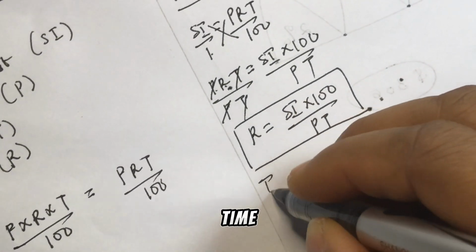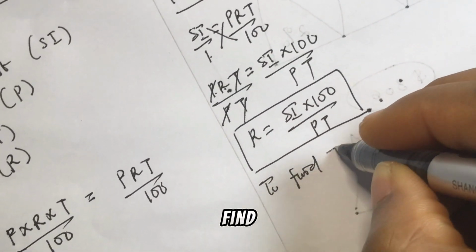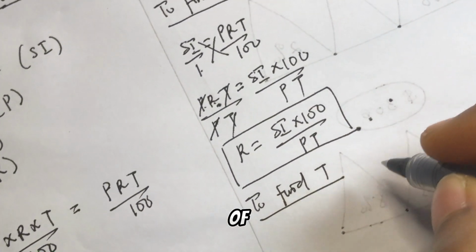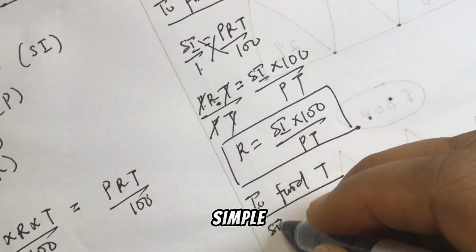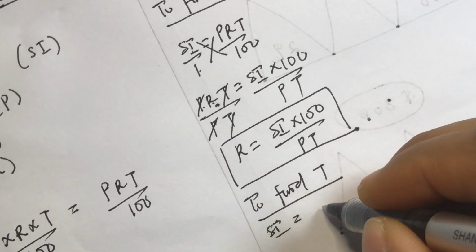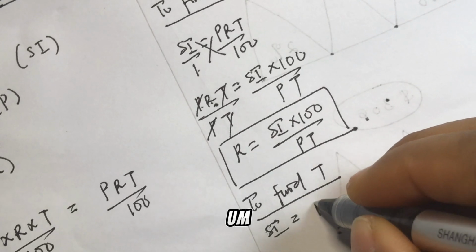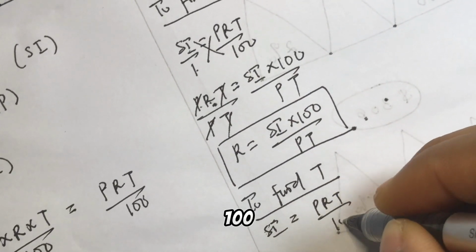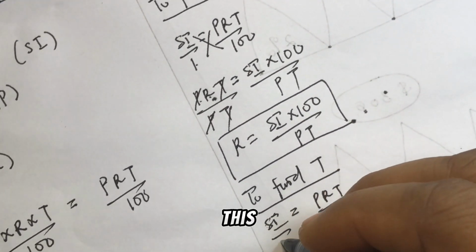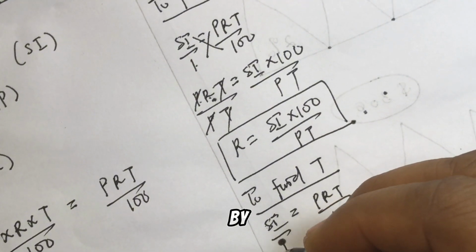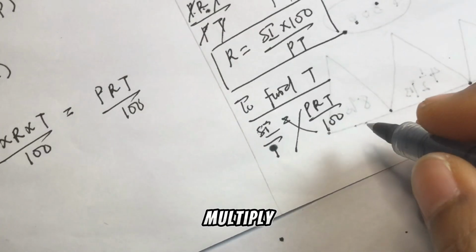Now, to find your time, you still make use of the basic formula, which is simple interest equals principal times rate times time divided by 100. You divide the SI by 1 and cross multiply.